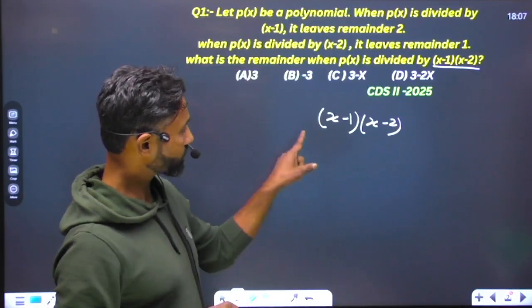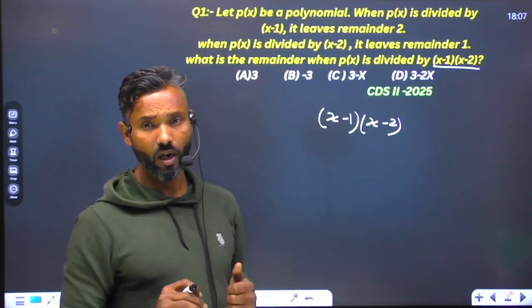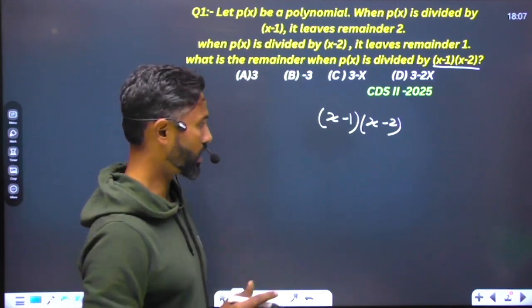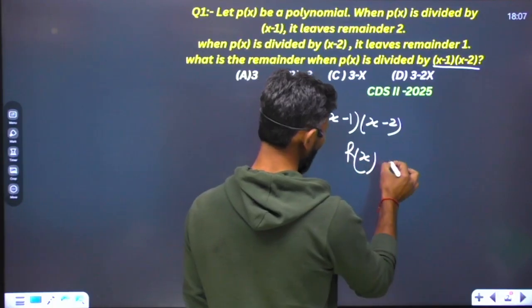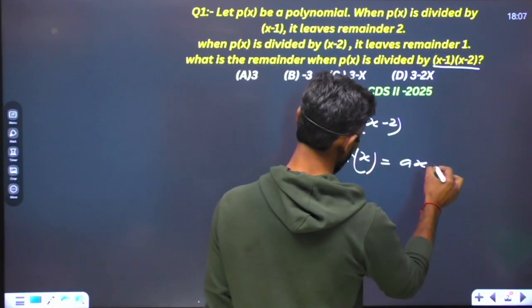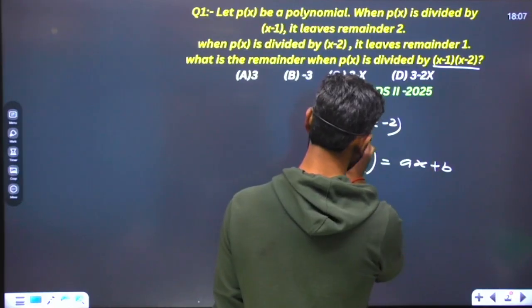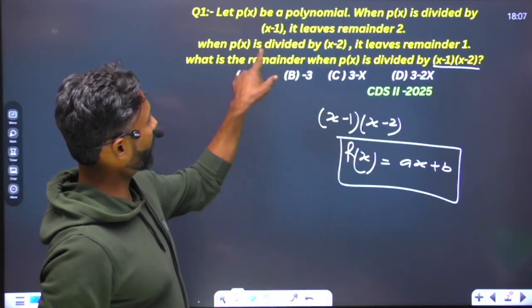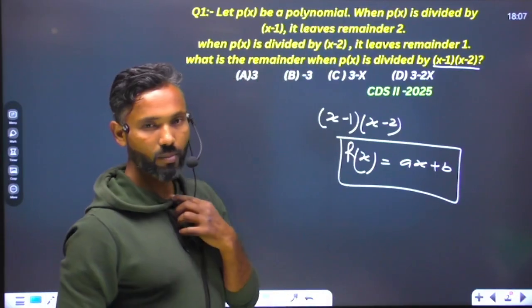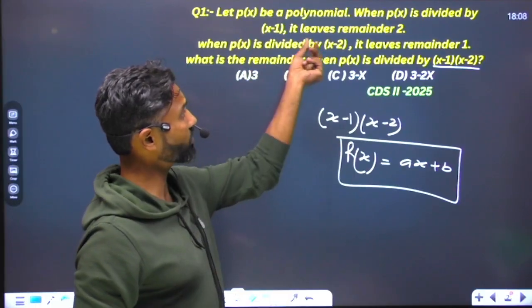So here the divisor is quadratic, which means the remainder will be linear. So the remainder r(x) will be ax plus b. Now, p(x) divided by x minus 1 leaves remainder 2.